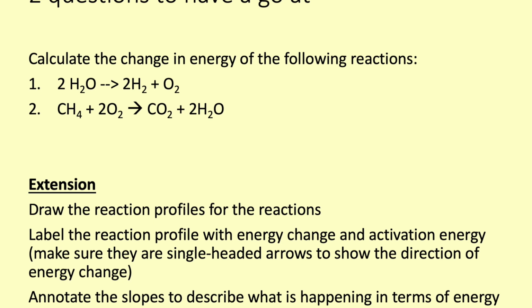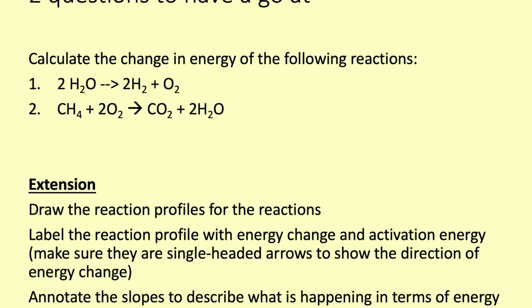Okay, so I'm going to leave you with 2 questions to have a go at. So calculating the energy change of the following reactions: 2H2O goes to 2H2 plus O2, and CH4 plus 2O2 goes to CO2 plus 2H2O. I'll put the bond energies that you'll need in the comments of the description of the video, and it will also be in your instructions for this week's work.